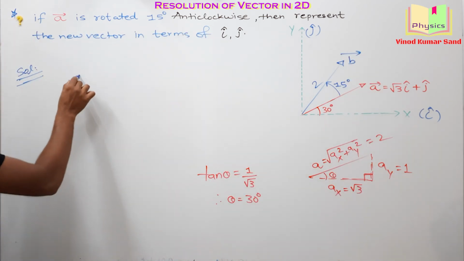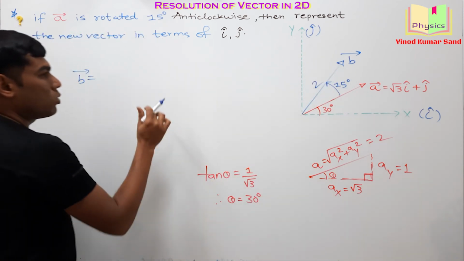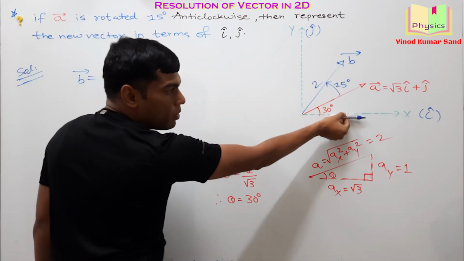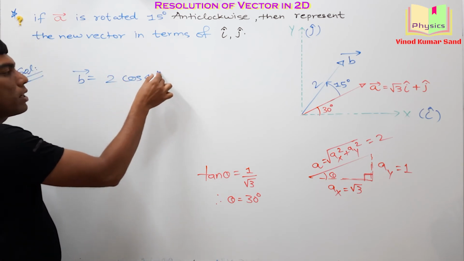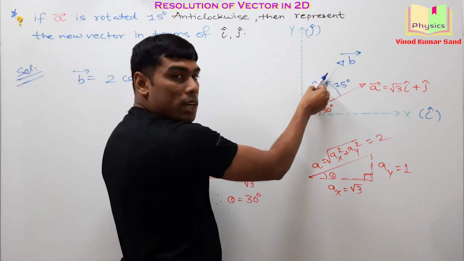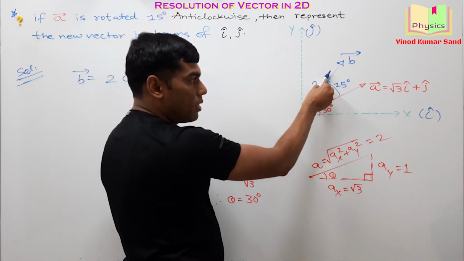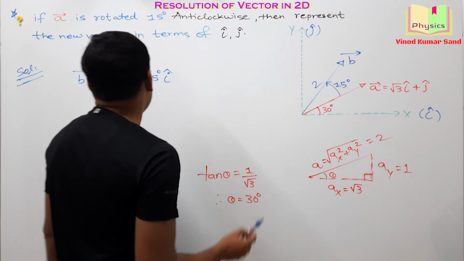So now representing the B vector, which has magnitude 2. So the x component of the B vector will be written as 2 cos 45 degree of I cap. Do you agree? Magnitude of B vector is same as the magnitude of A vector, and it's making an angle of 45 degree with the x-axis.